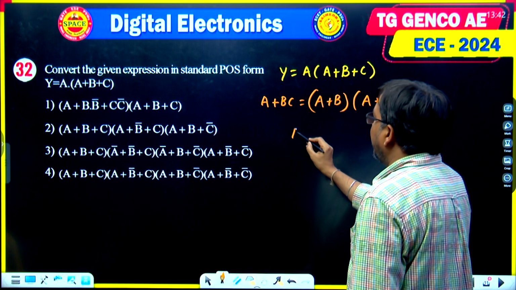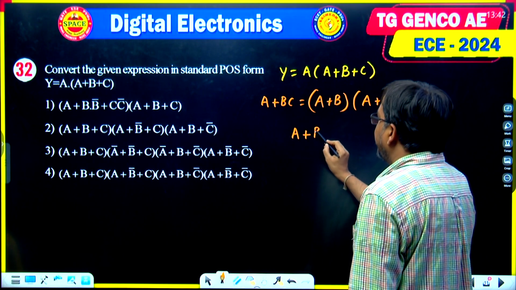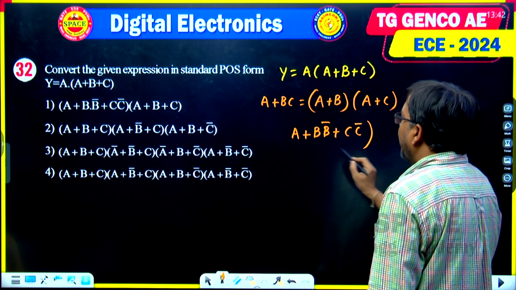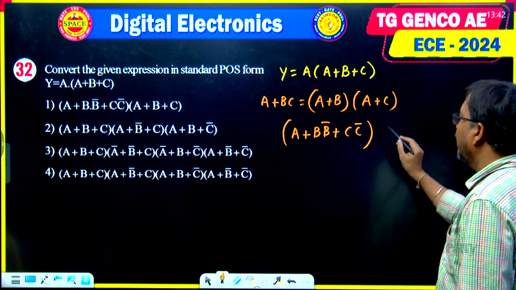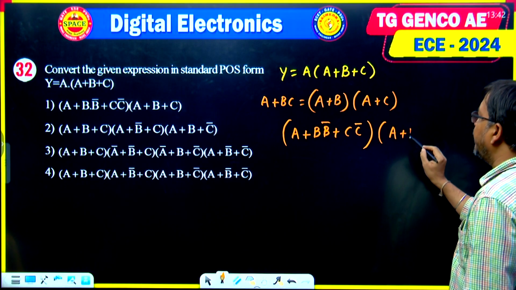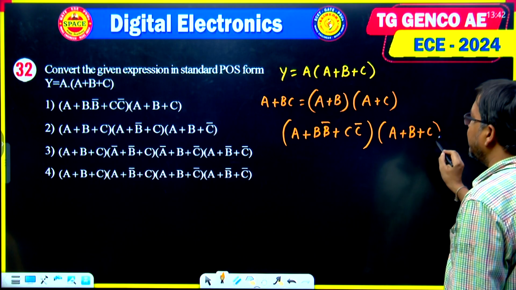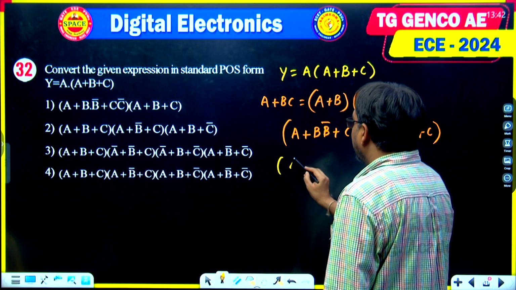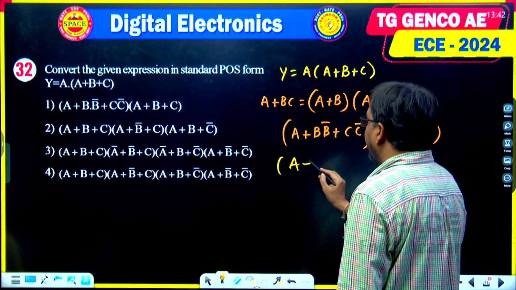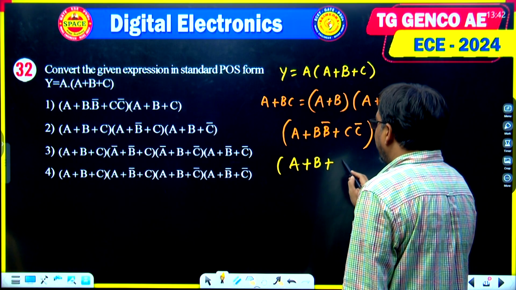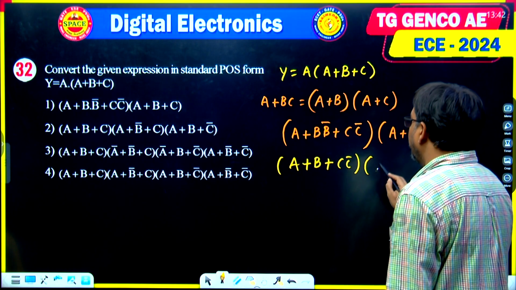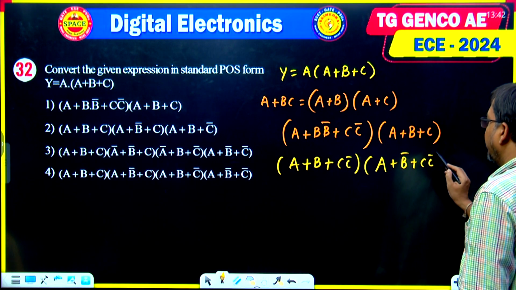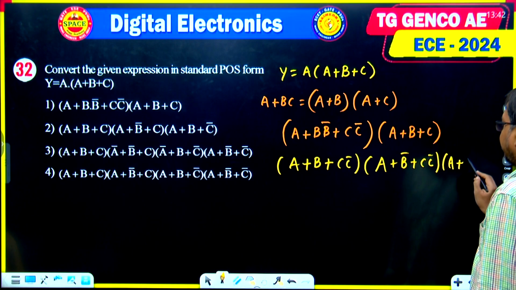So I am writing (A plus BB bar plus CC bar) into (A plus B plus C). According to the property, I am writing (A plus B plus CC bar) into (A plus B bar plus CC bar) into (A plus B plus C).